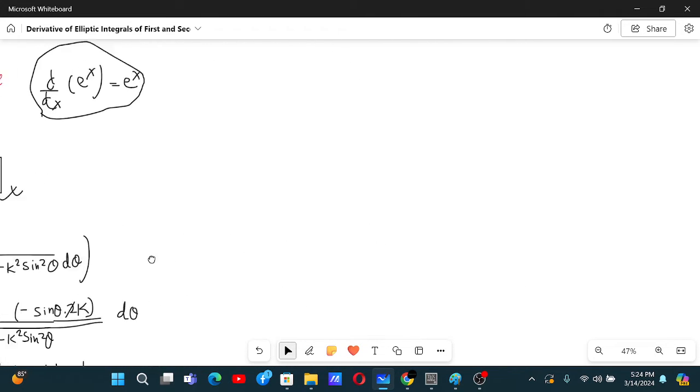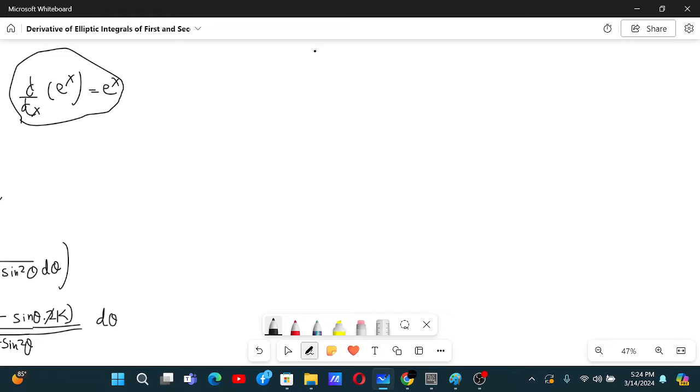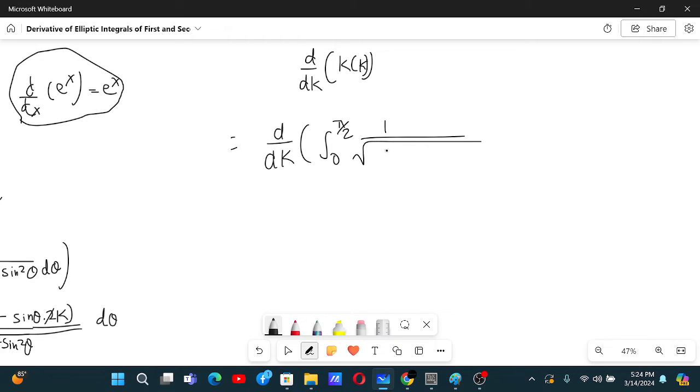Derivative of K of k. So now we know that this is the derivative of the integral from 0 to pi by 2 of 1 by root under 1 minus sine square theta k square d theta.